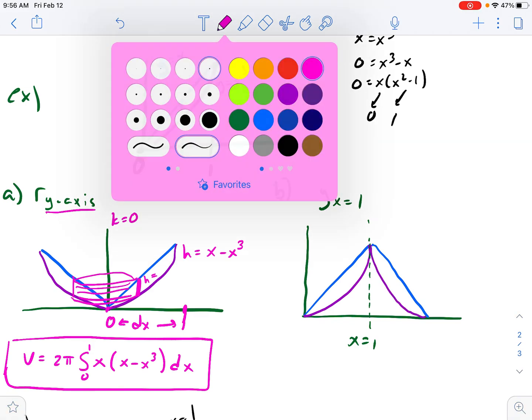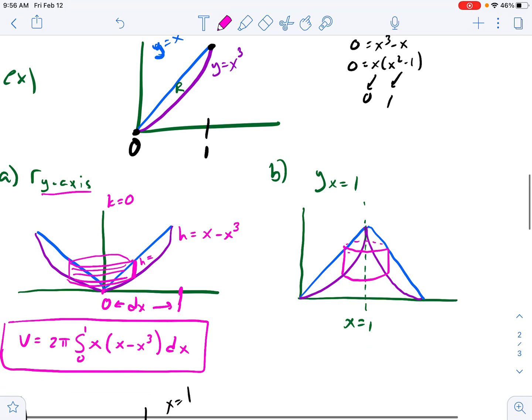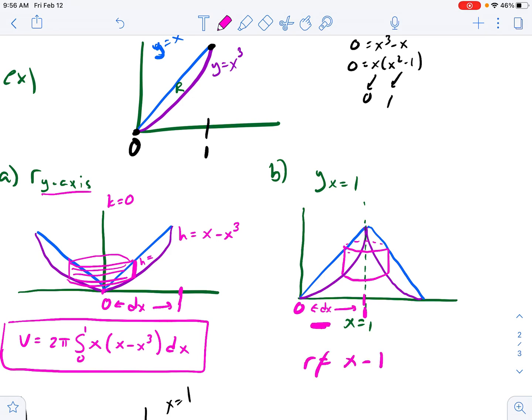Okay, all right, drawing one cylindrical shell in. Okay, there it is. Now look, it's still a shell, it's still the same basic concept, but a couple of things. Here's our original bounds from 0 to 1. Notice the line of rotation is to the right of this interval. So I can't do x minus 1 to get the radius here.